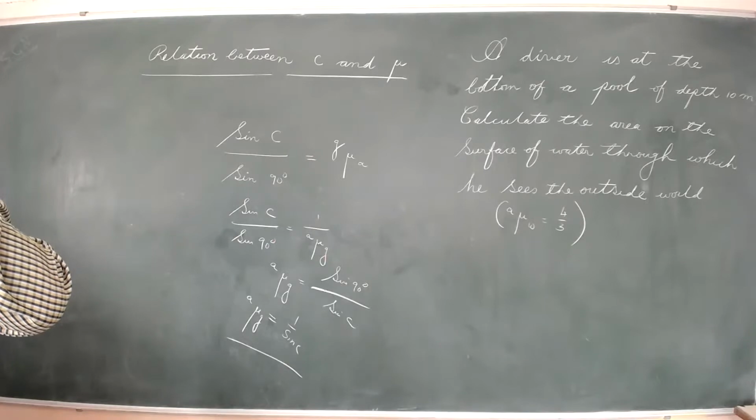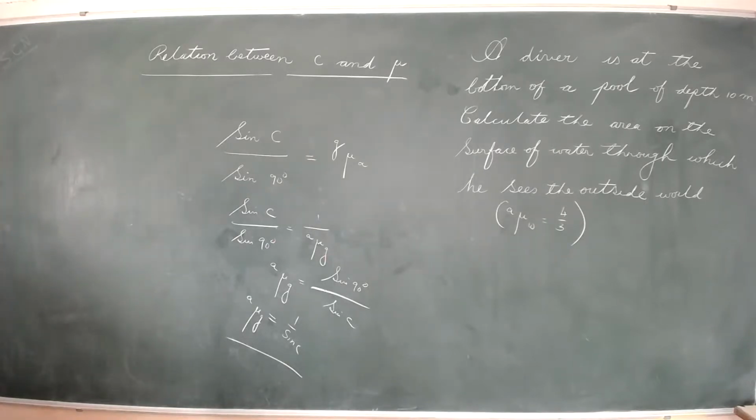NCC people, scouts and guides have a blue square cloth which they fold into a triangle.